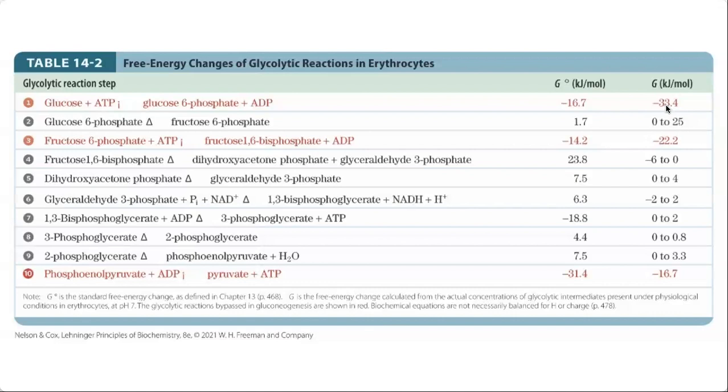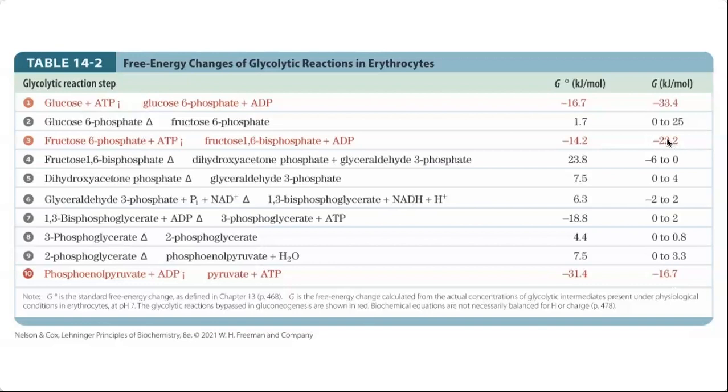Basically, we have these 3 steps. The first step, glucose to glucose 6-phosphate. The third step, fructose 6-phosphate to fructose 1,6-bisphosphate. And phosphoenolpyruvate to pyruvate and ATP. These 3 steps have large negative delta Gs, which means that if we tried to go in reverse for these reactions, we would need concentrations so skewed that it wouldn't be possible in the context of our cells.